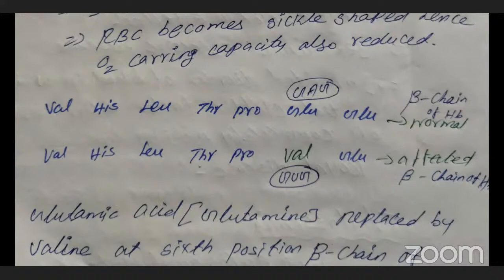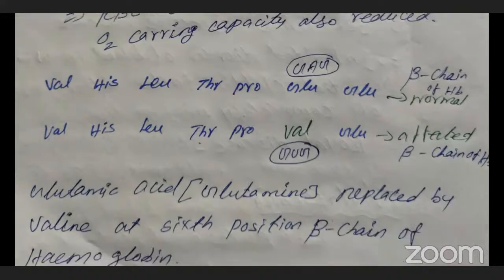GAG is changed into GUG. The normal gene has A in between the Gs, and GAG codes for glutamic acid synthesis, but in the mutated, affected one, the A is replaced by U.